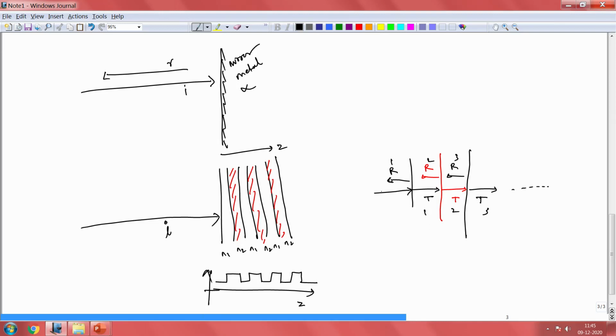So, all of this reflected light should constructively interfere in order to create effective reflection, and then the light that is passing through transmission should all combine with each other to create an effective transmission. So, this depends on the refractive index that we have and also the thickness that we have, right, between these two layers.